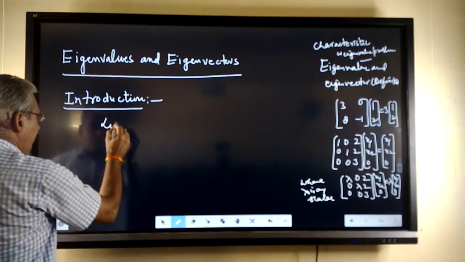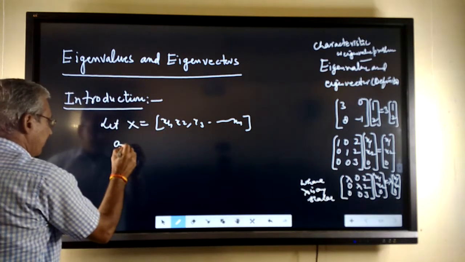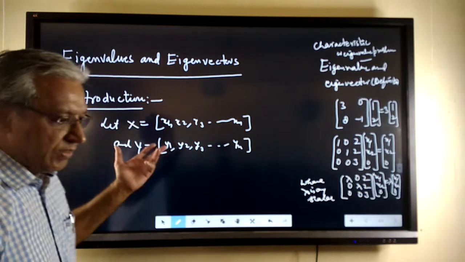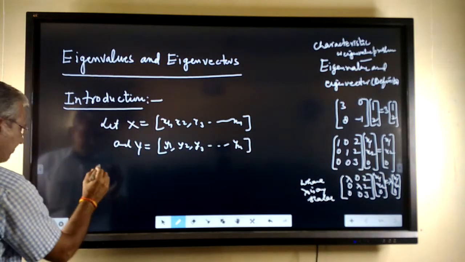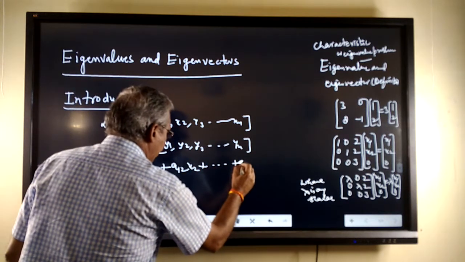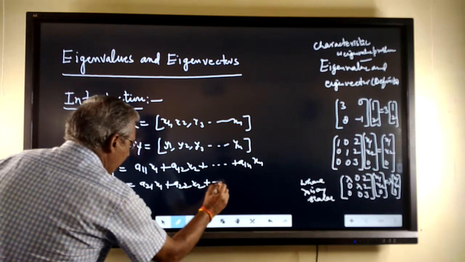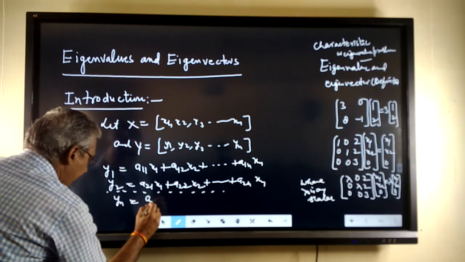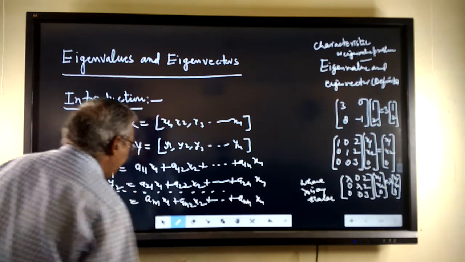Let x equals x1, x2, x3 and so on up to xn, and y equals y1, y2, y3 and so on up to yn, be two vectors whose components are related as follows. y1 equals a11 x1 plus a12 x2 plus and so on plus a1n xn. y2 equals a21 x1 plus a22 x2 plus and so on plus a2n xn, and so on. yn equals an1 x1 plus an2 x2 plus and so on plus ann xn.